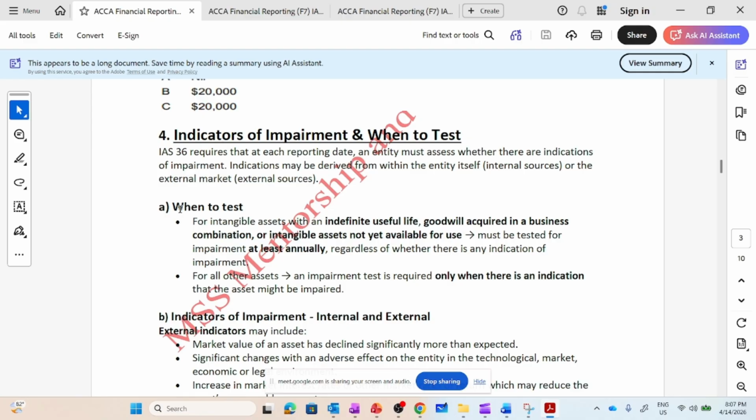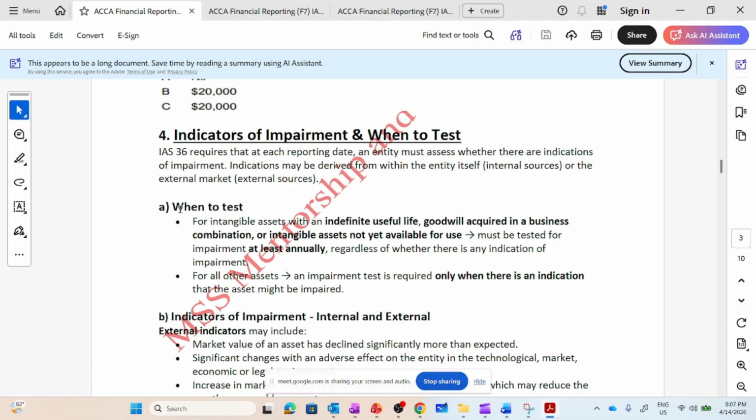For all other assets, an impairment test is required only when there's an indication that the asset might be impaired. For all other assets, with the exception of the three mentioned above, we should do impairment tests only and exclusively when there's an indication of impairment, and we need to see a clear indication.